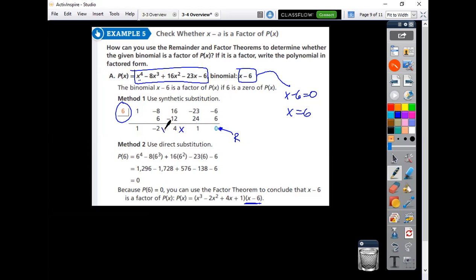These are your x's, these are your x squareds, and these are your x cubed. So if you take this right here times the x minus 6, their product would equal this original polynomial.